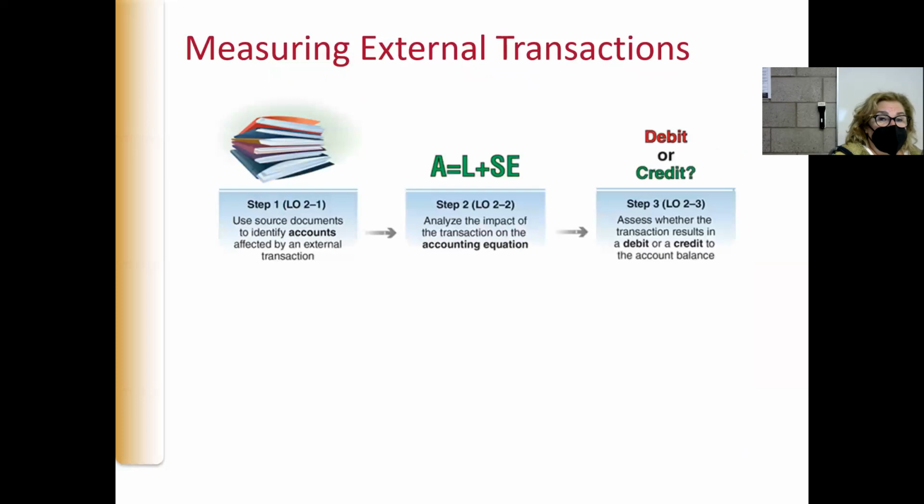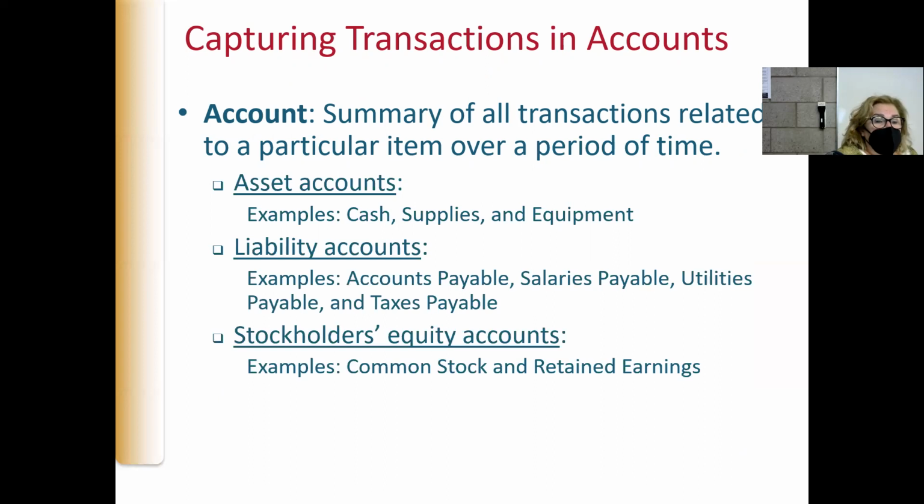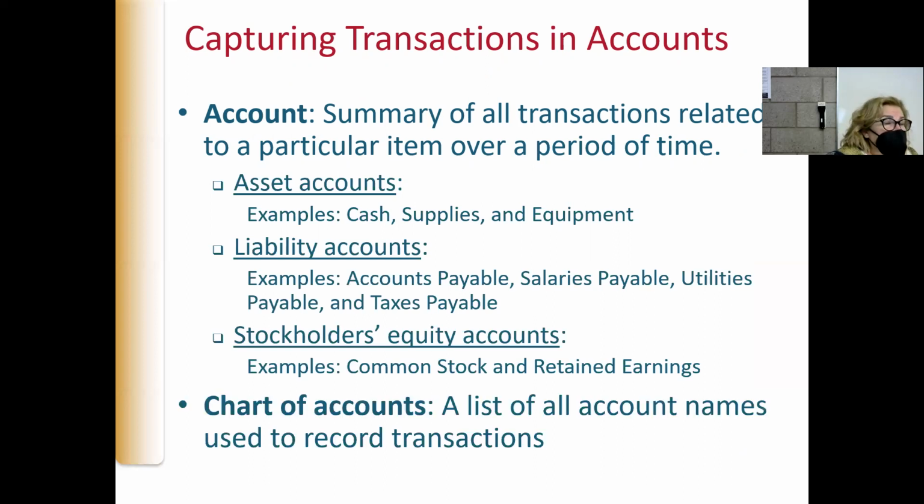So the first thing we are going to do is talk about the transactions. Now we know there are various categories. We talked about the categories being assets, being liabilities, and being stockholders' equity.